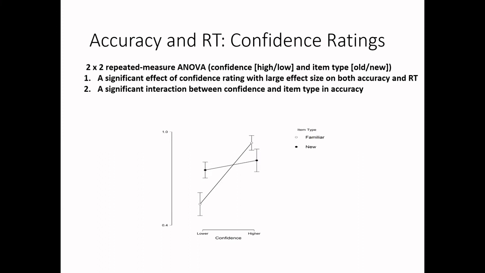I also detected a significant interaction between confidence levels and item type only for accuracy measures. And this interaction is graphically illustrated in this figure. As you can see, the confidence rating was significantly related to the accuracy of these familiar items, but not the new items.